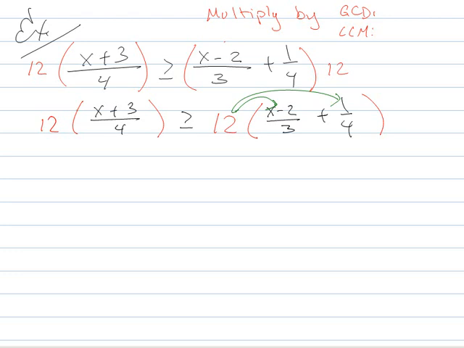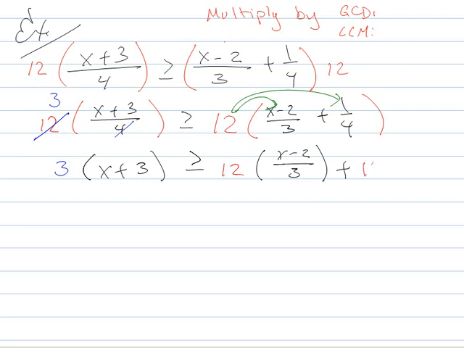And over here on the left, I can tell that this 4 and this 12 will cancel out. I'll only have a 3 left. So that means I've got 3 times x plus 3 is greater than or equal to, and now over here I've got 12 times x minus 2 over 3 plus 12 times 1/4.